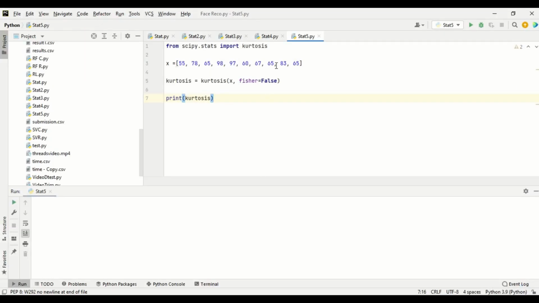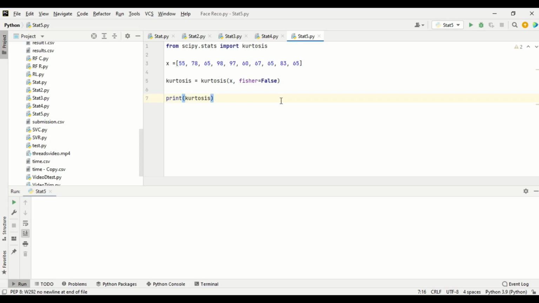The required package is we import kurtosis from scipy.stats. Now we have a certain set of values in X. While calling kurtosis, we pass this X and give Fisher equal to false. Here we give Fisher equal to false because we are using Pearson definition.